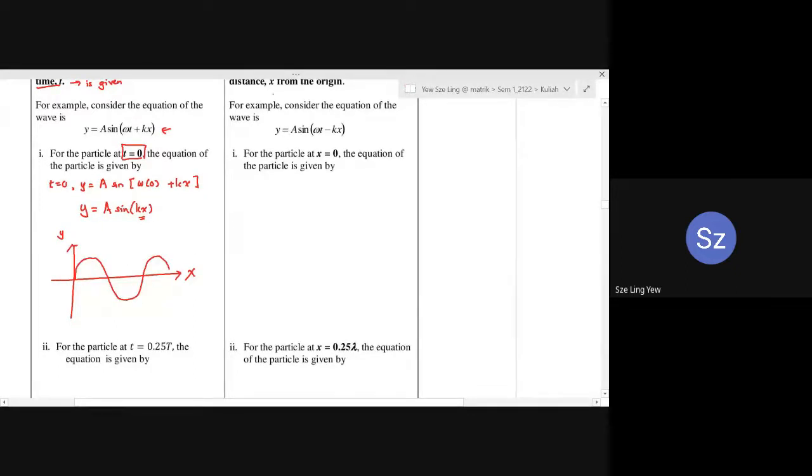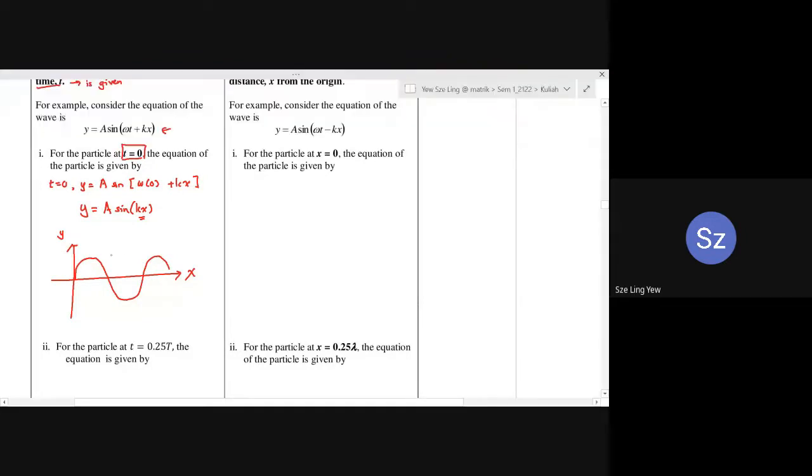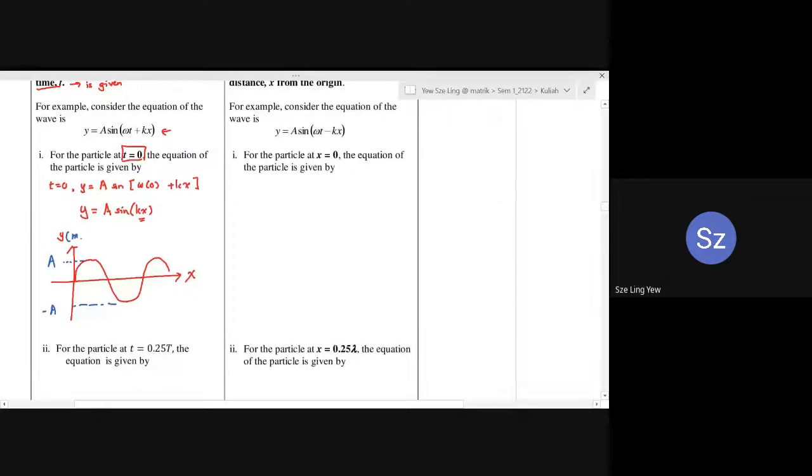Since you have the shape already, you can label the graph. For y against x, this is still the amplitude, and then this is the negative amplitude. Since now you have x along the horizontal axis, remember the SI unit is the meter for both y and x.